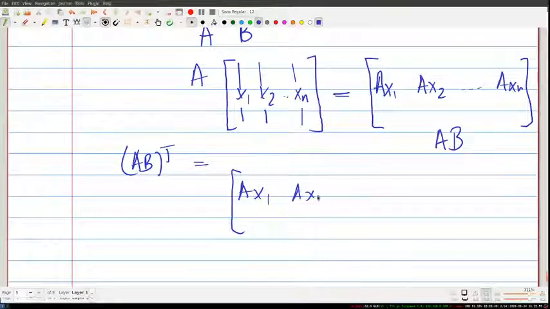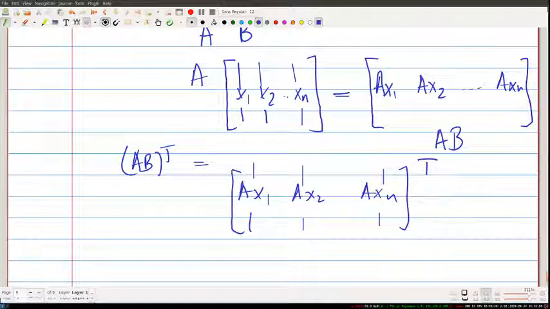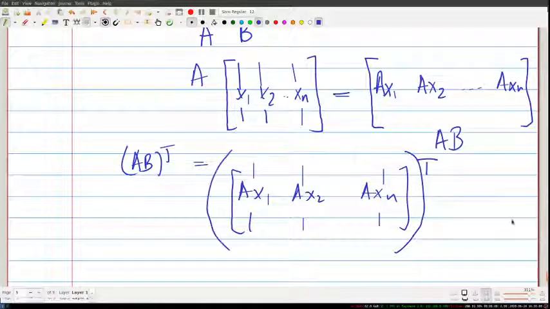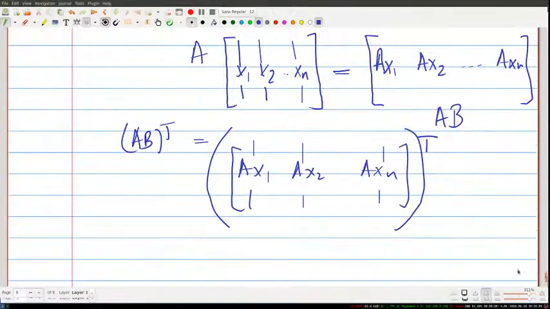If I want to transpose this, then this becomes AX1, AX2, AXN. These were the columns, and now I want to take the transpose of this matrix. What happens is that the columns become the rows.